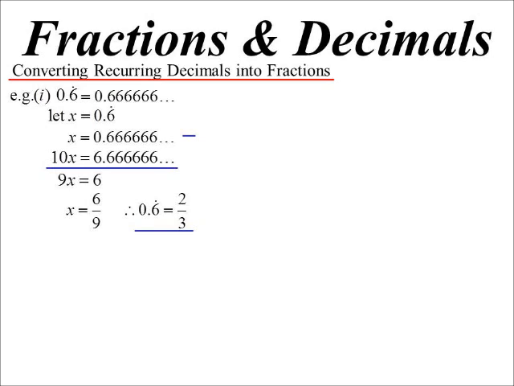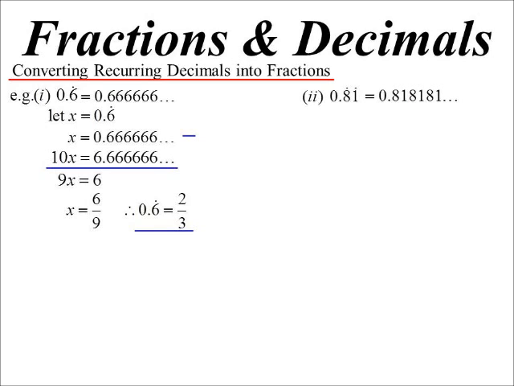So the basic idea there is we let x be what we're trying to find, and then we create a multiple. What sort of multiple depends on how many numbers are recurring. So if we transfer this idea through to 0.81 repeater, which is 0.81, 81, 81, and so on, we'll let x be 0.818181.